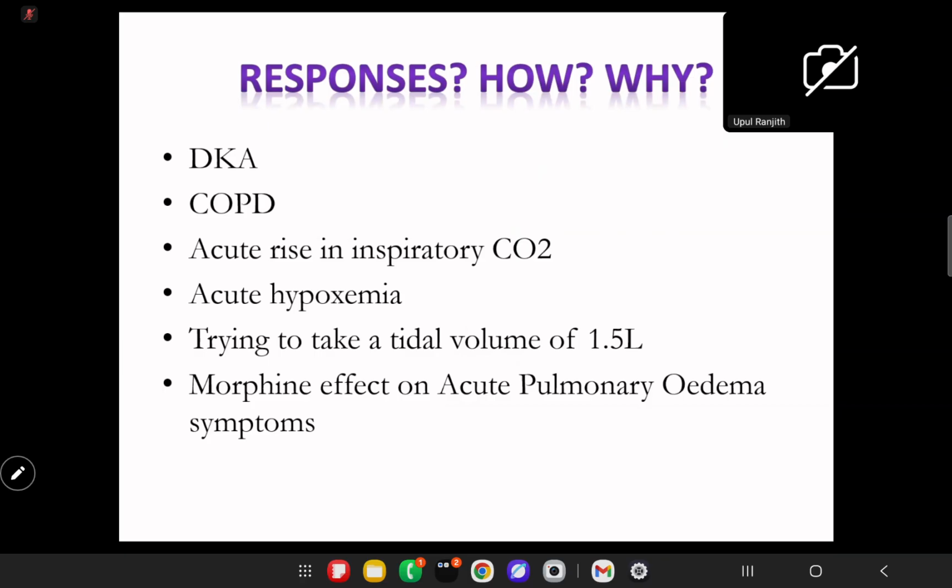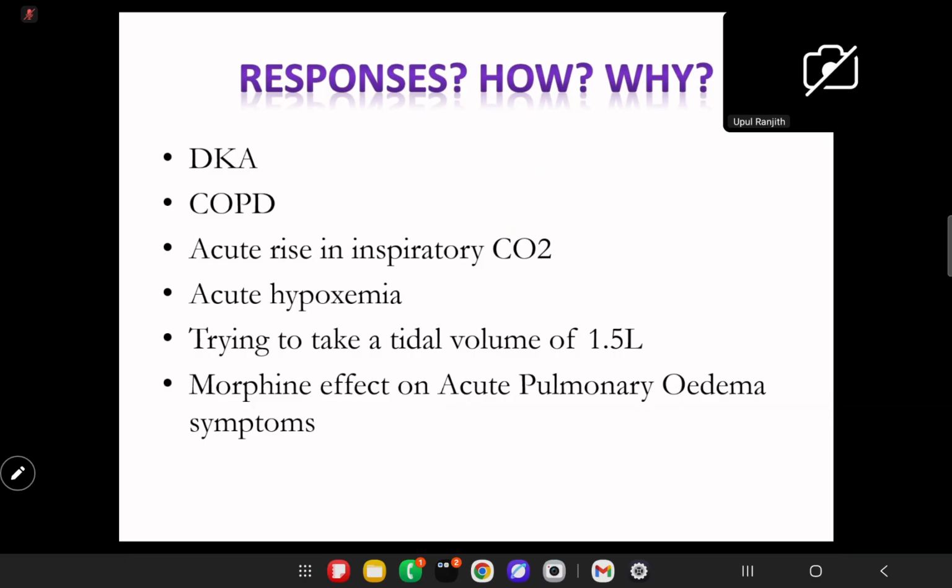Now think of how ventilation responds in these situations. Diabetic ketoacidosis, what happened? COPD, we have already mentioned what happened in COPD. Then hyperventilation in DKA, how is it brought about? You have to think of that. And COPD, we have already mentioned. Then acute rise in inspiratory carbon dioxide, what happened, right?